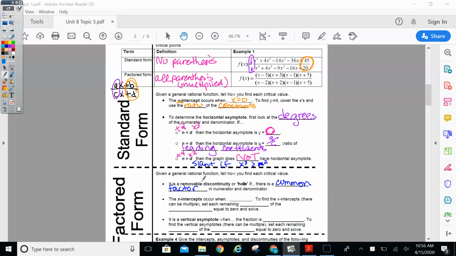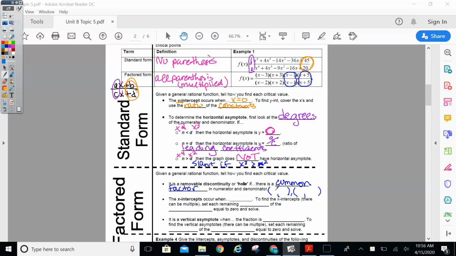So looking at the top here, we have which factors on the top and the bottom. We have the x minus 1 here, and the x plus 5. So this factor and this factor are exactly the same. That means we're going to have a hole at those values. So these are going to be actual coordinates.